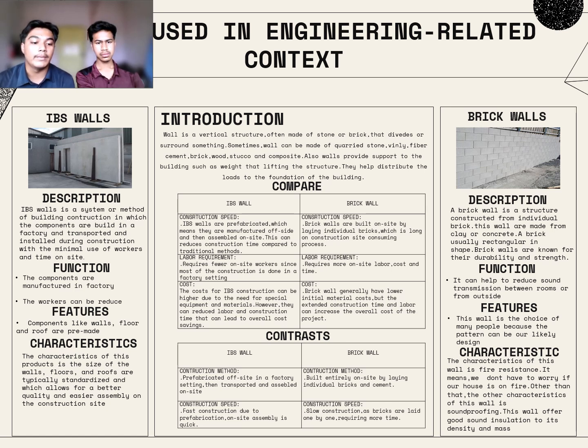Construction speed for the IBS wall is fast due to prefabrication, and on-site assembly is quick. For the brick wall, construction is slow as bricks are laid one by one and require more time.